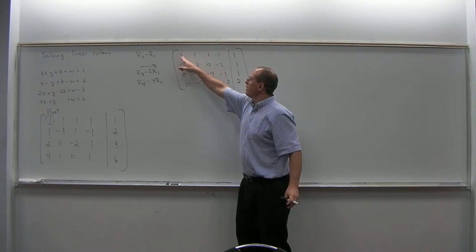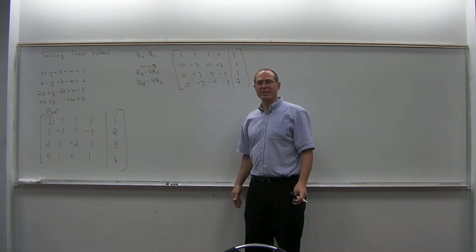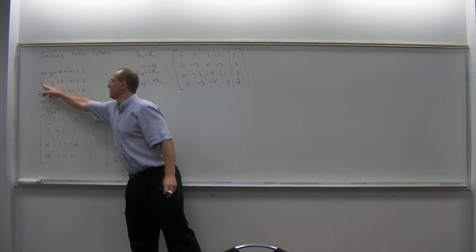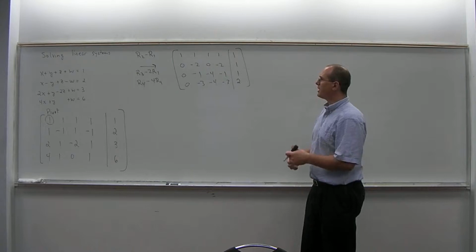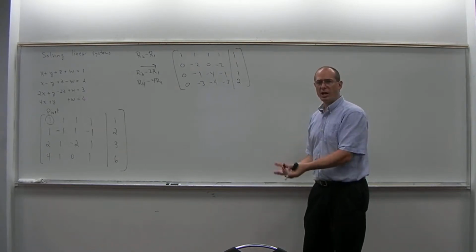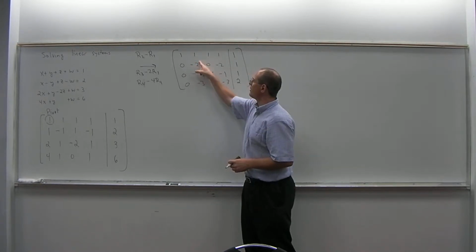So now this pivot has been used to create zeros below it, effectively eliminating the variable x from equations 2, 3, and 4. So I'd like to continue the process by eliminating the variable y from some equations. I'd like to use this entry right here as a pivot.